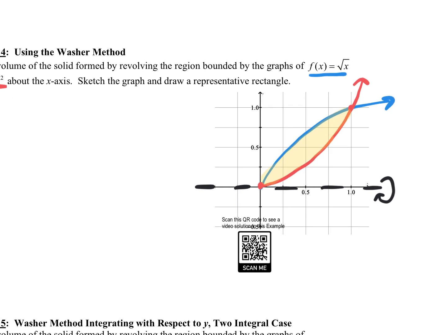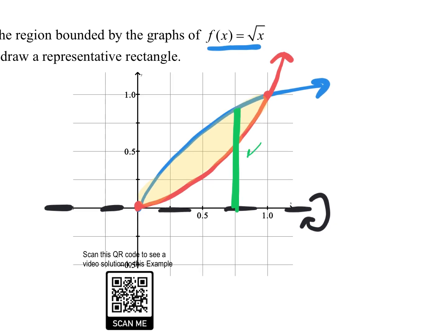Big R is always the farthest curve to the line that is being rotated about, so that would be from the blue line all the way down to that black dashed line. It's going to look something like this. This is my big R rectangle, that is my big R of x.